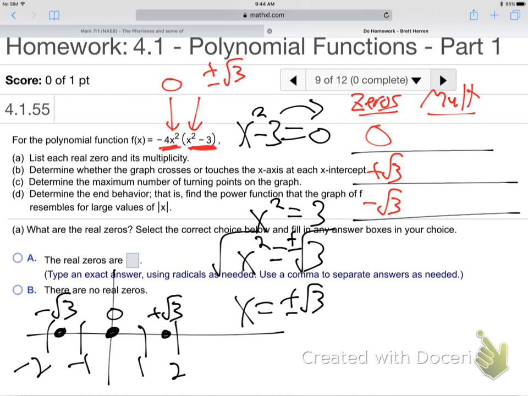So the multiplicity is just the power. So what's the power on this guy? Well, 2, just the power on that x term.